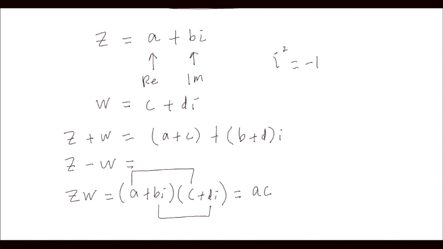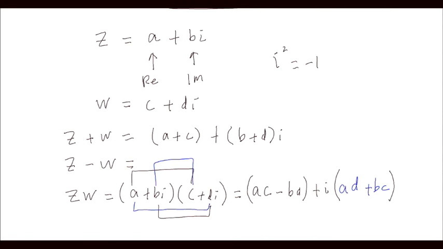This is the property of the imaginary number. So ac minus bd, this is the real part, and we have the imaginary part left, plus i, and the imaginary part comes from these guys, ad, and with these guys, plus bc. So this is how we multiply two complex numbers.